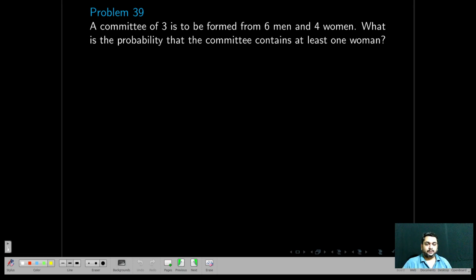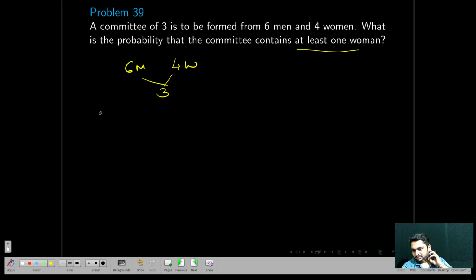Next. A committee of 3 is to be formed from 6 men and 4 women. What is the probability that the committee contains at least 1 woman? So you choose at least 1 woman.